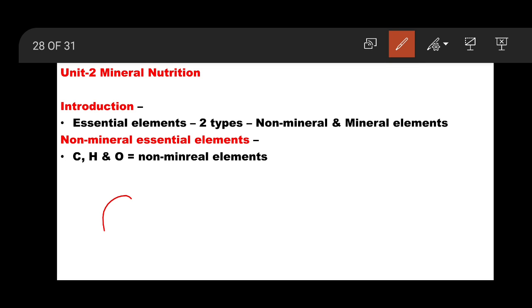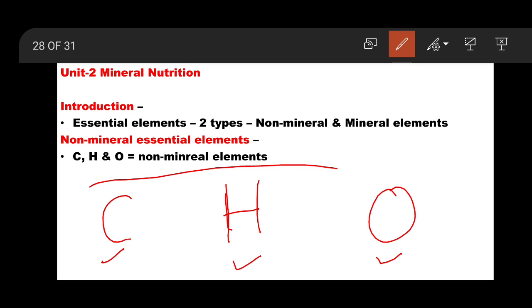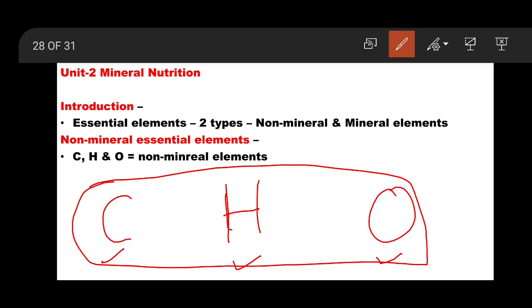These are the principal elements which you encounter in organic chemistry: carbon, hydrogen, oxygen. Whenever you study organic chemistry, it mostly depends on these elements, CHO.